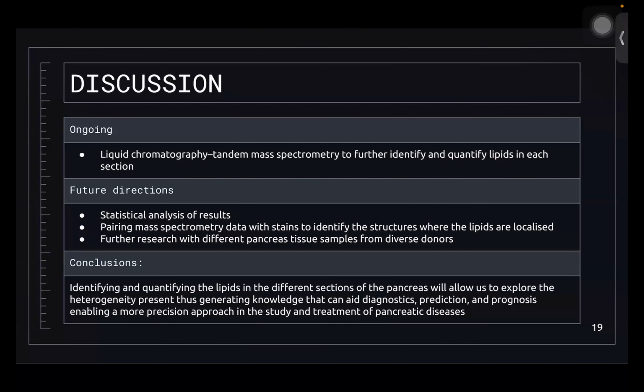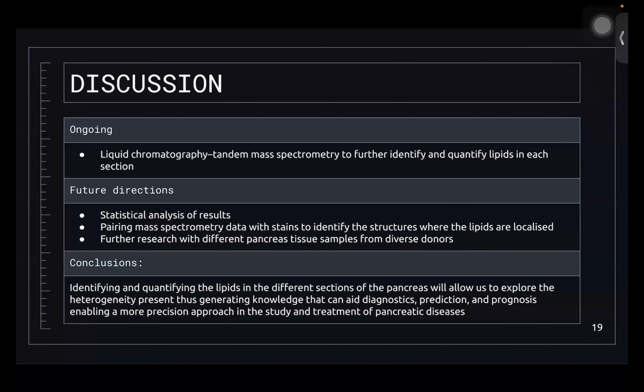When we're comparing healthy or diseased pancreases, if we know that heterogeneity exists within the pancreas itself in the different lipids that exist, we know when we're comparing healthy versus unhealthy pancreases, we have to compare the same regions, for example.